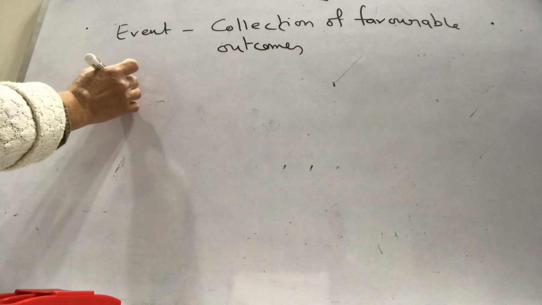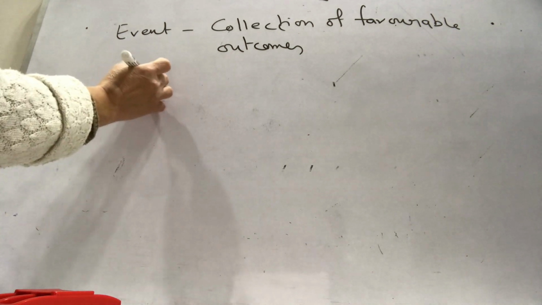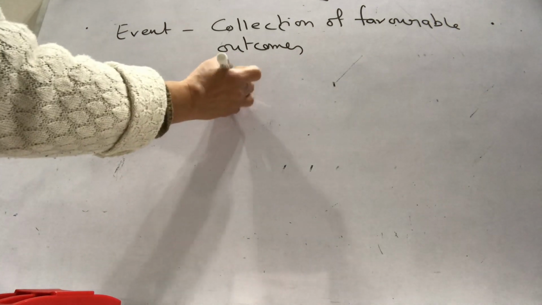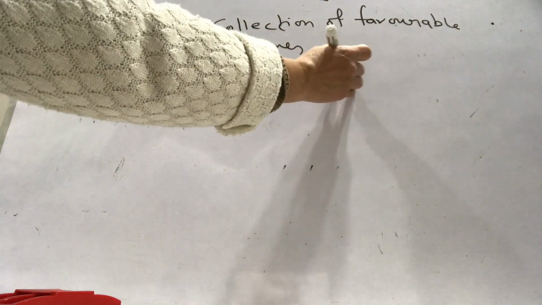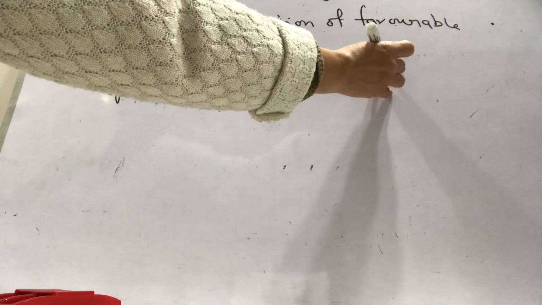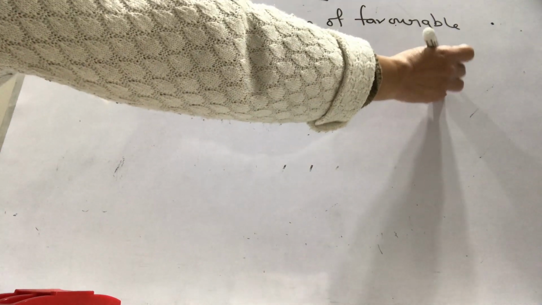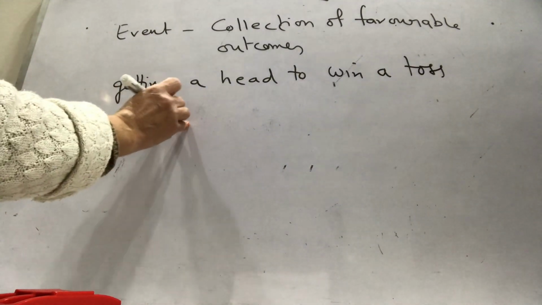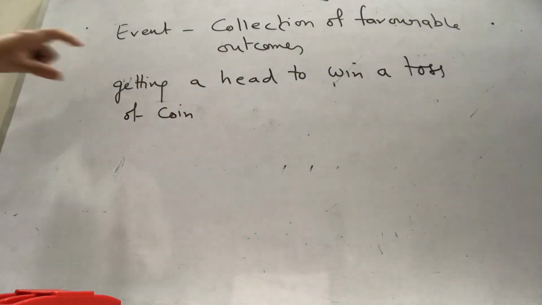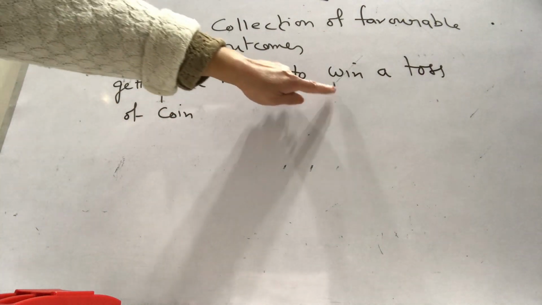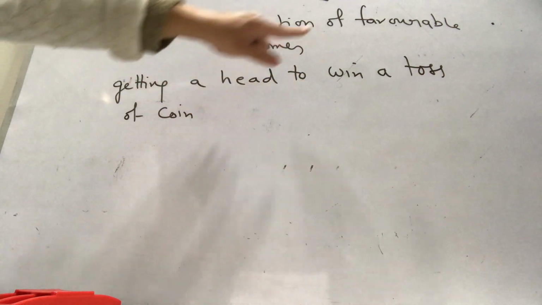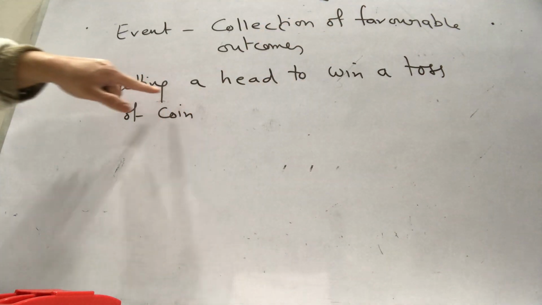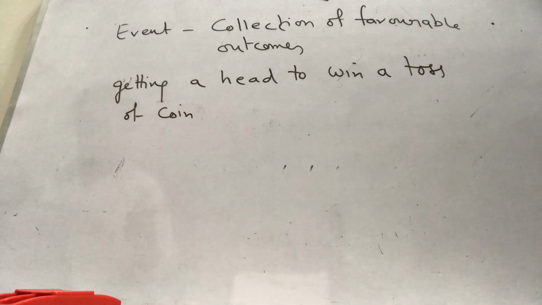So, I can say getting a head to win a toss of coin. So this getting a head will make me successful. So when I am successful, it is favorable to me. So getting a head is my event.